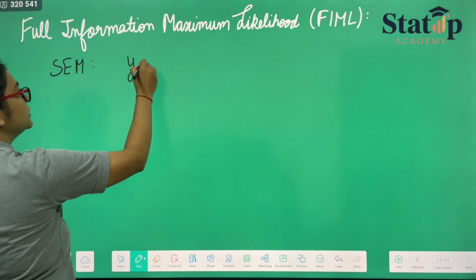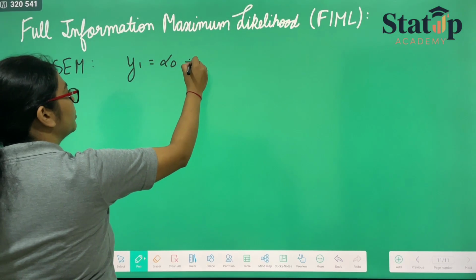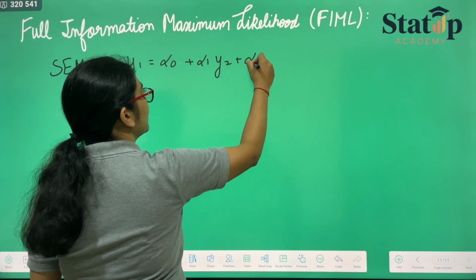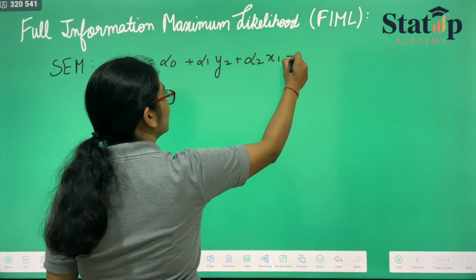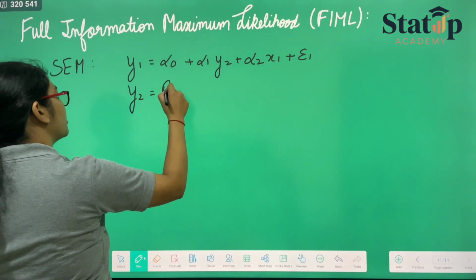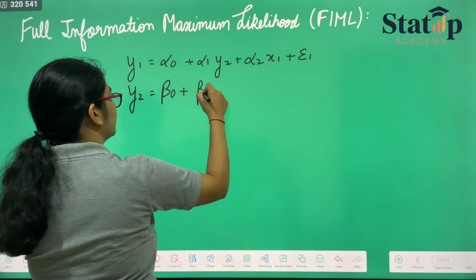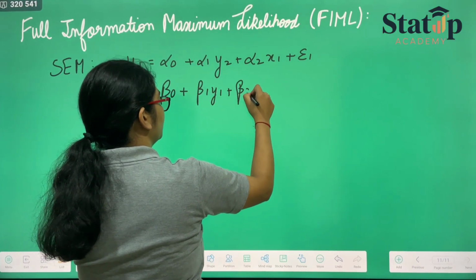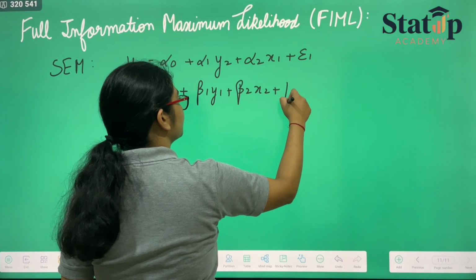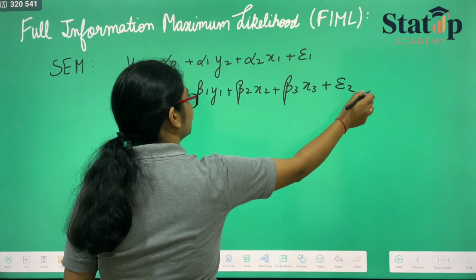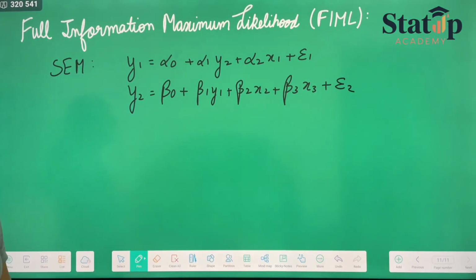So y1 is equal to alpha naught plus alpha 1 y2 plus alpha 2 x1 plus epsilon 1, and y2 is equal to beta naught plus beta 1 y1 plus beta 2 x2 plus beta 3 x3 plus epsilon 2. These two models we have taken.